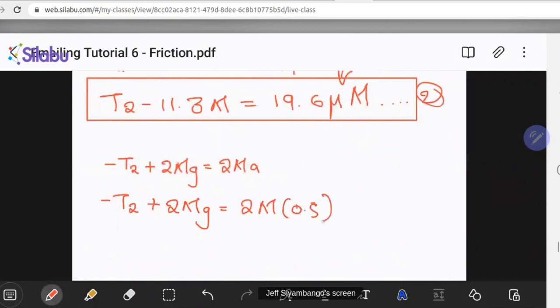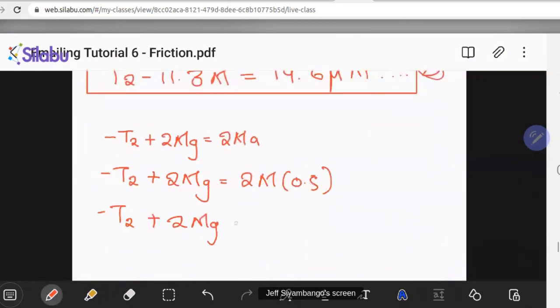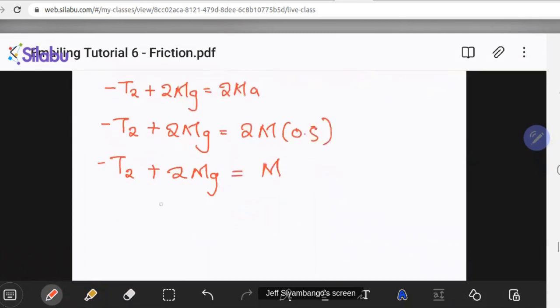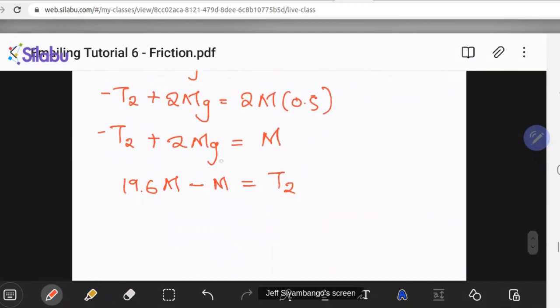So we have minus T2 plus 2mg equal to m. We simplify this. I want T2 to be the subject, so I'll take it to the other side. 2 times g is going to be 19.6 m, then minus m here. Then T2 goes to the other side and becomes positive. These two can simplify, and it becomes 18.6 m equal to T2.